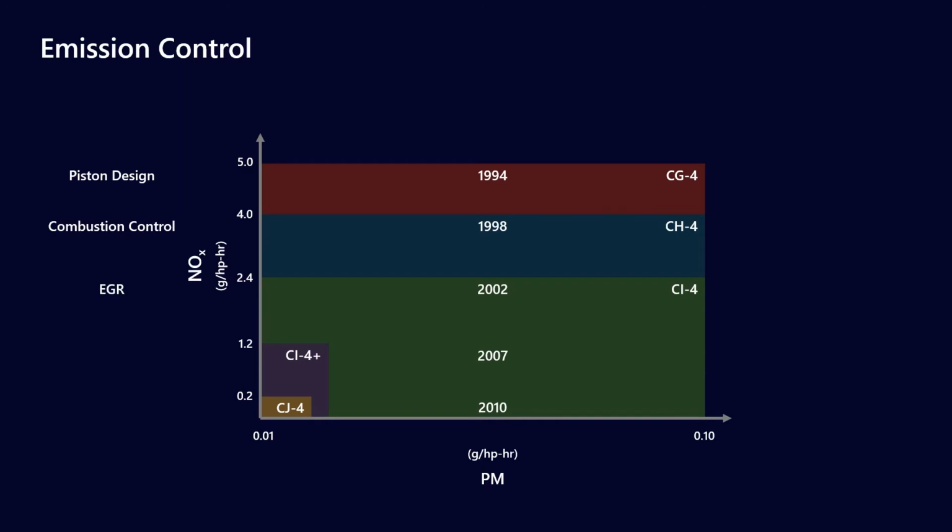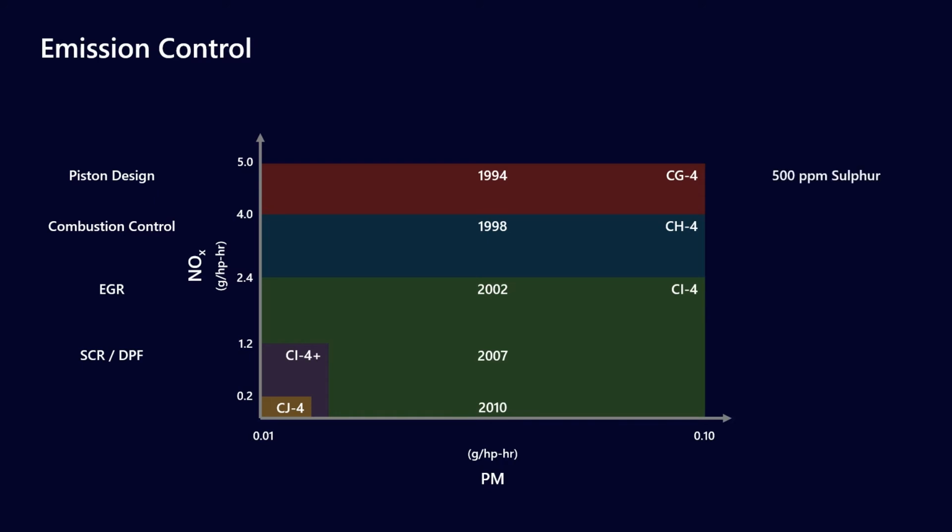From the early 2000s, we got into exhaust gas recirculation. And then in the mid-2000s, we started to see things like DPFs or diesel particulate filters become really common. And they're an exhaust treatment system.